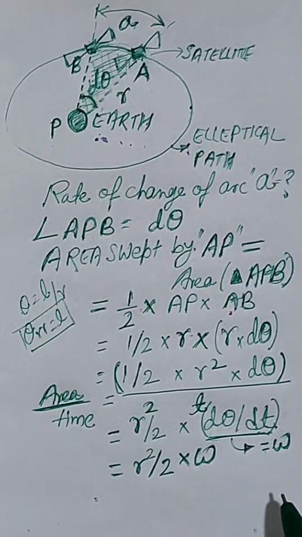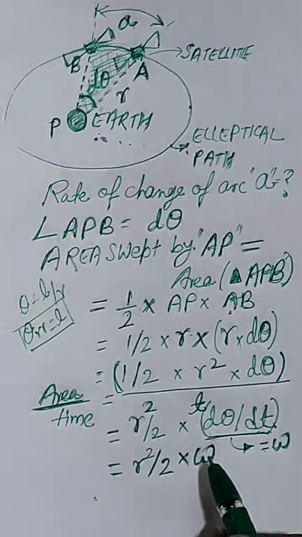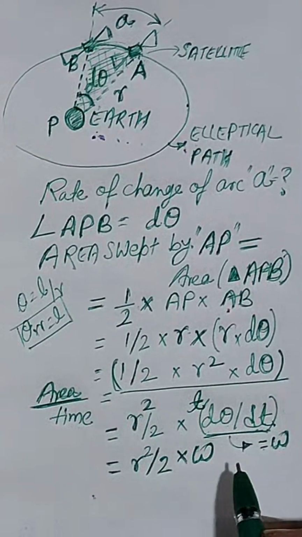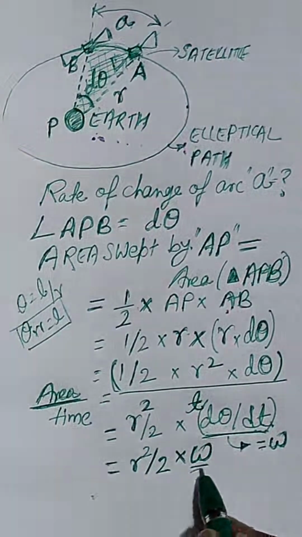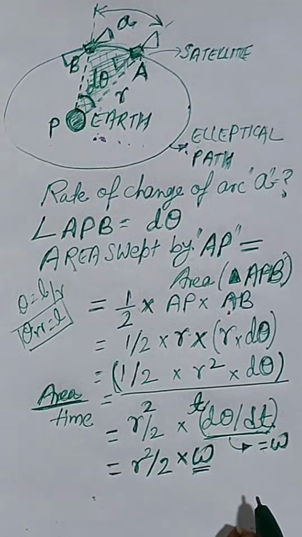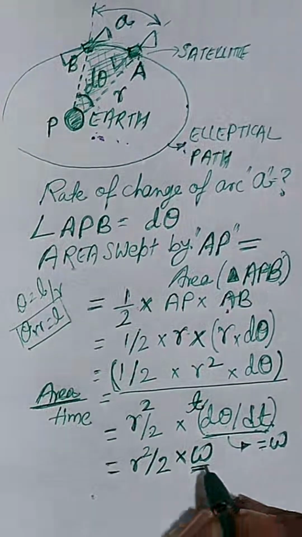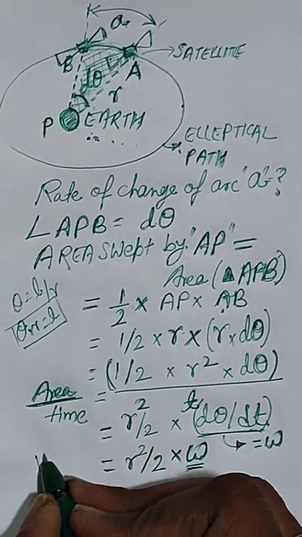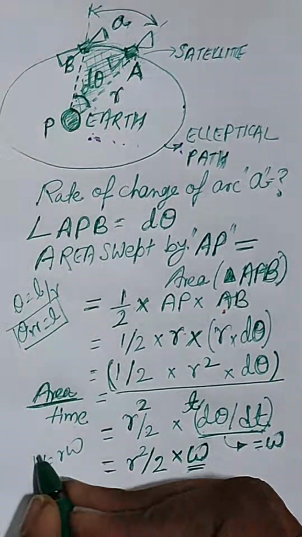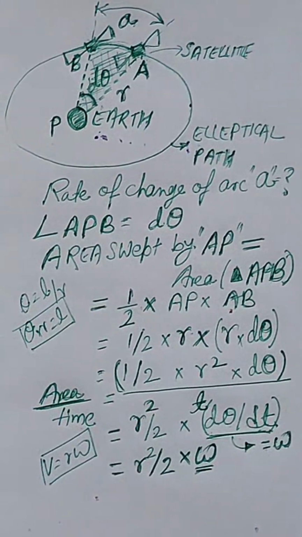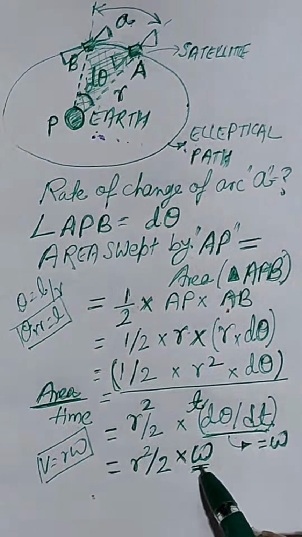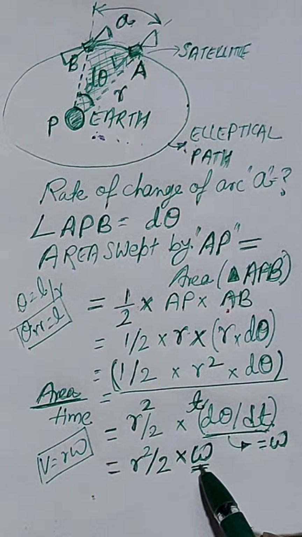Now omega r square by 2, and omega can be written as v by r, since v equals r omega, we know, right?